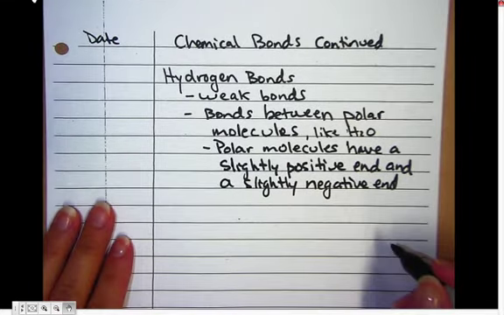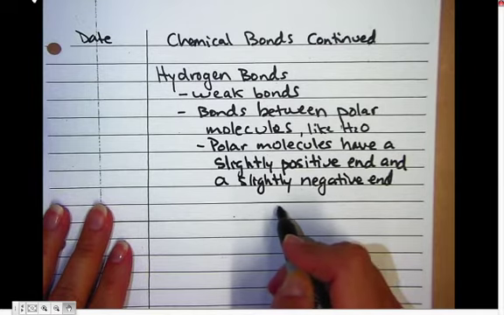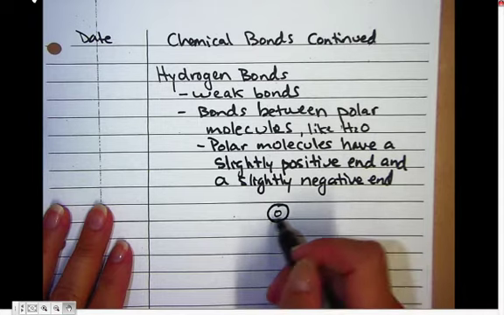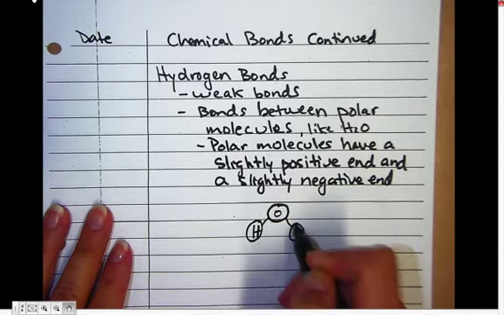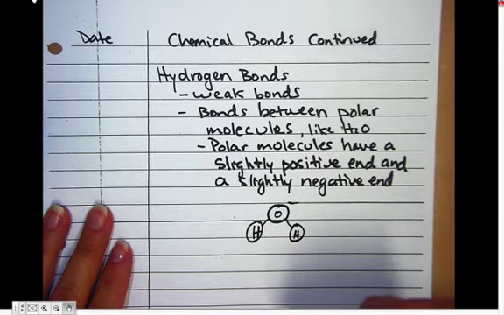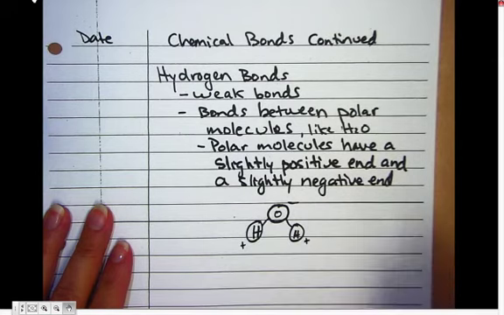All right, and it would look like this. Water looks like this. You have oxygen, and you have 2 hydrogens, and this has a slightly negative charge, and this has slightly positive down here.